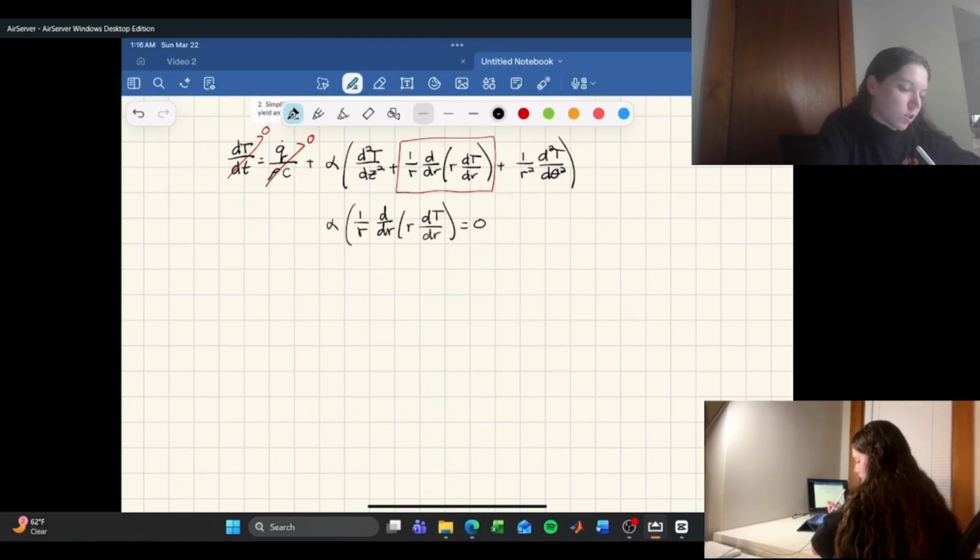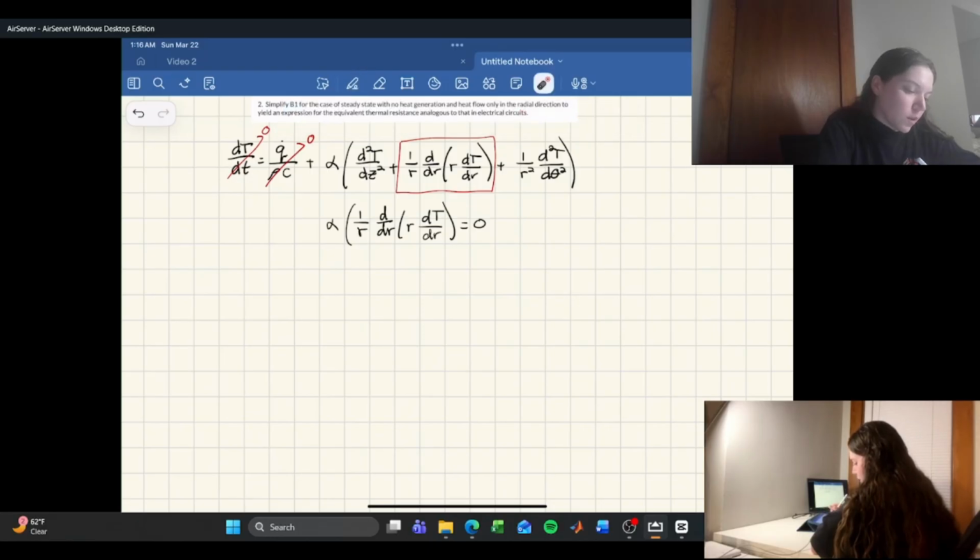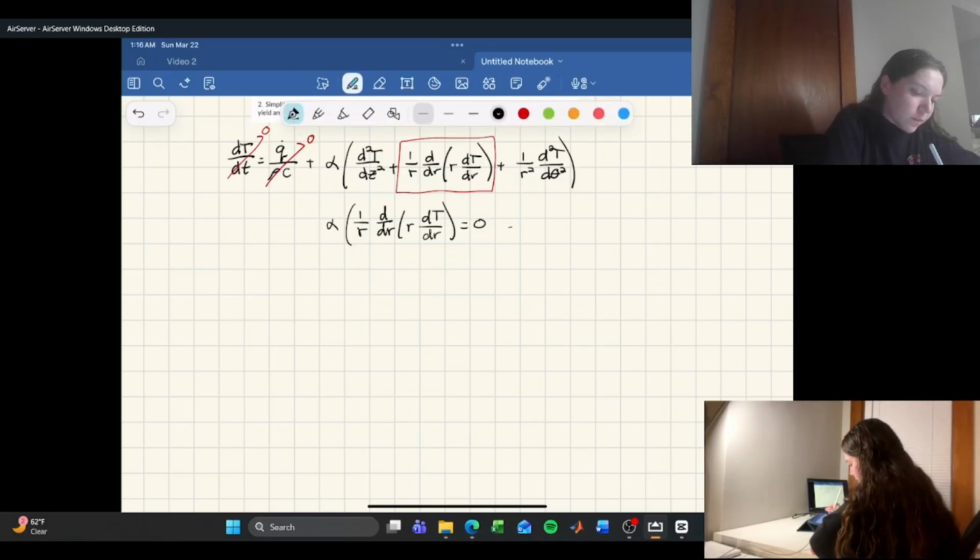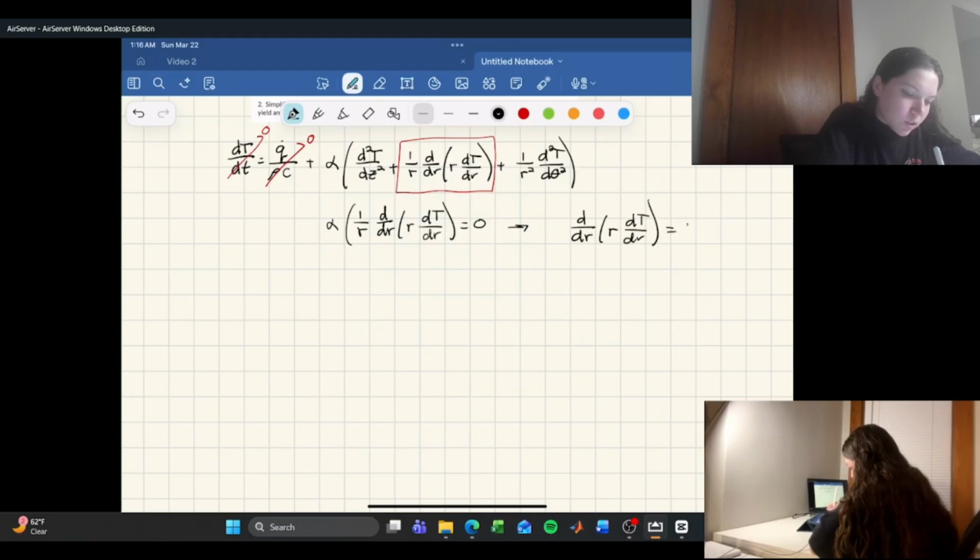But because this is equal to 0, when we multiply this over, same with the r, those are going to be 0 as well. So we're left with this equation that d over dr, r dT over dr is equal to 0.